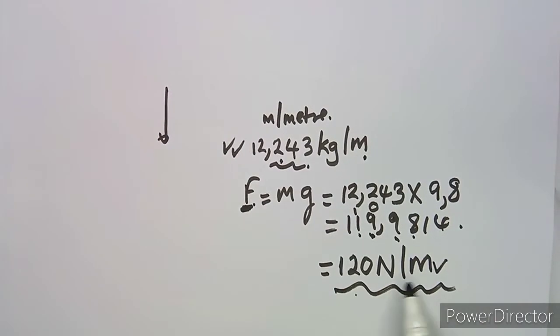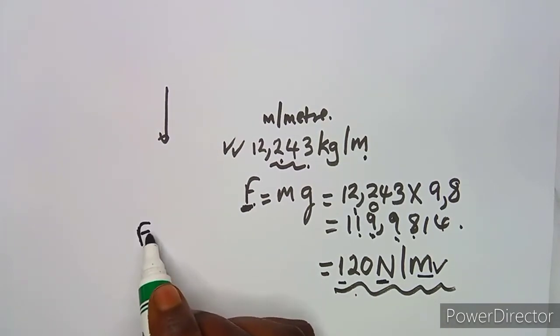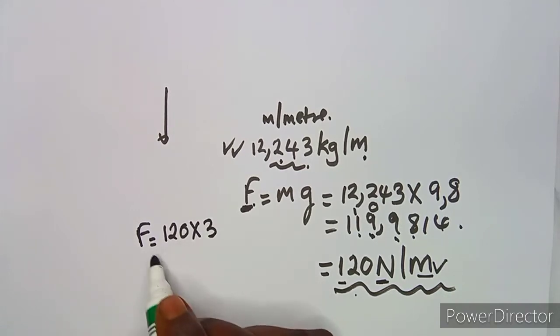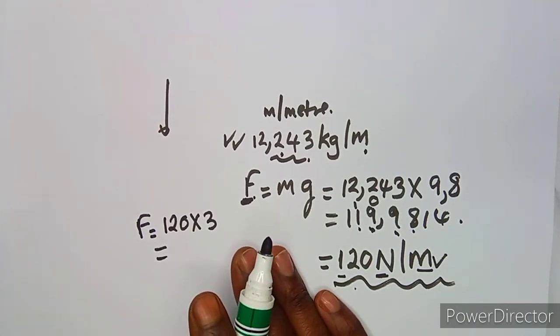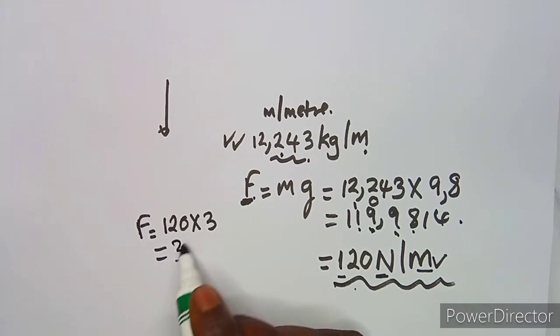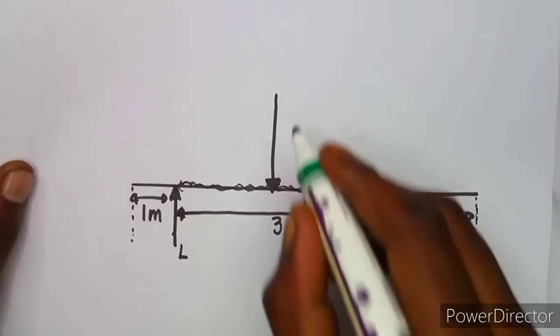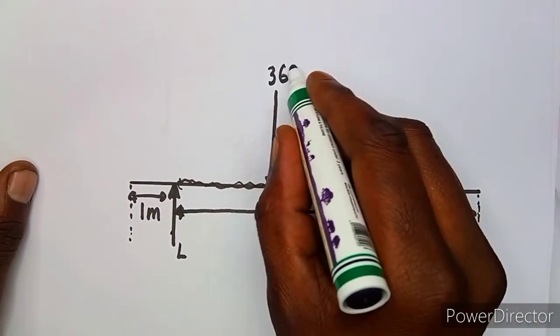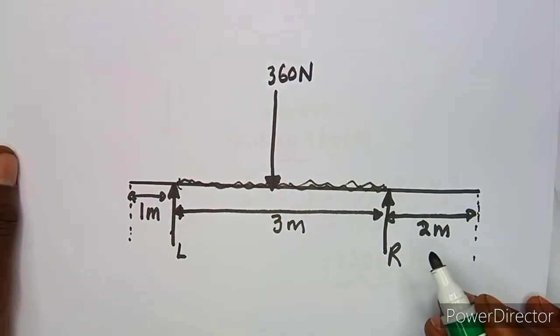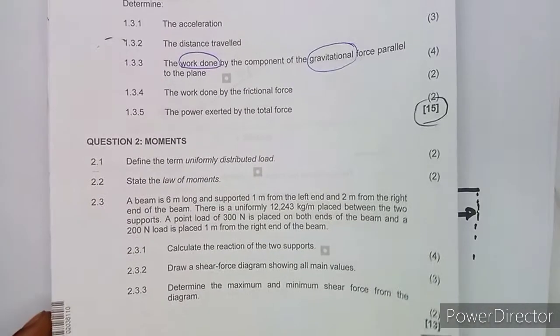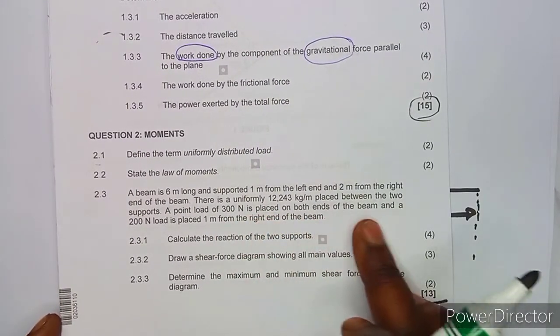Since it is 120 Newton per meter, we are going to have a force of 120 times 3 meters. So this is your equivalent force, which is 360 newtons. All right, so that is our equivalent force here, 360 newton, because we are given a certain force per meter. Okay, so we are done with the uniformly distributed load.